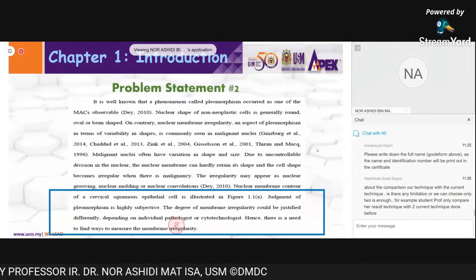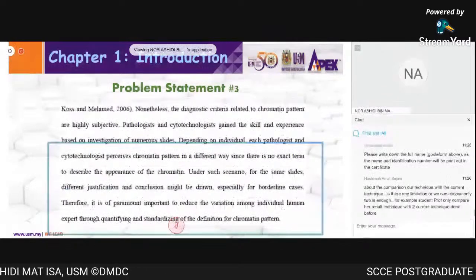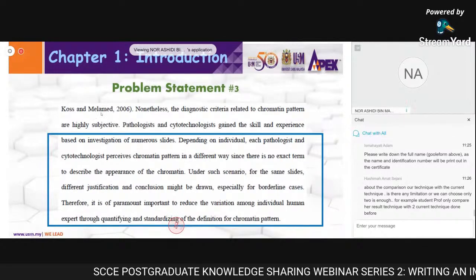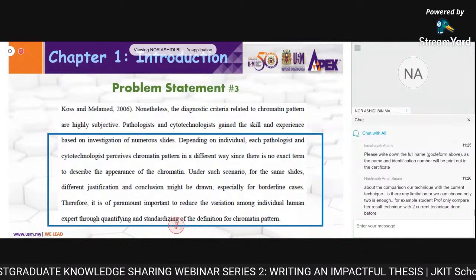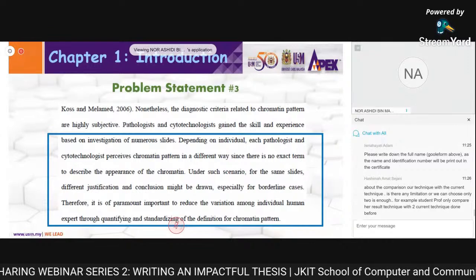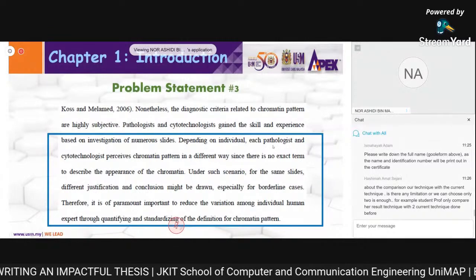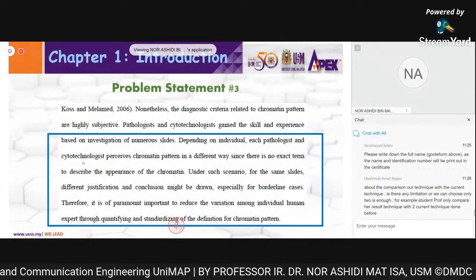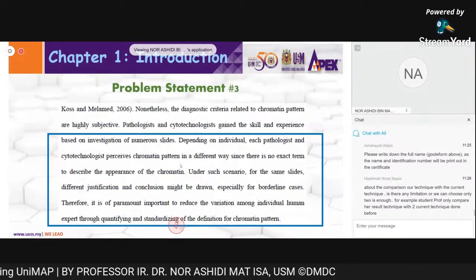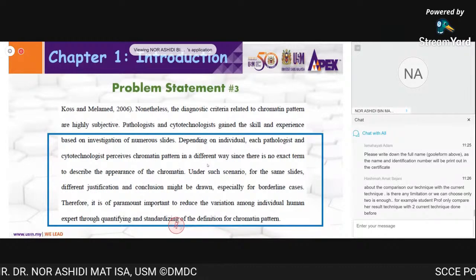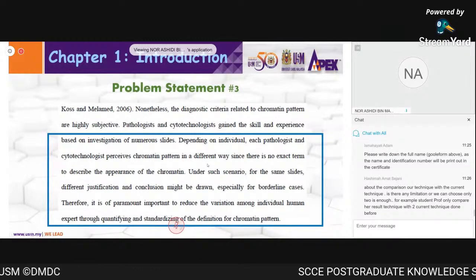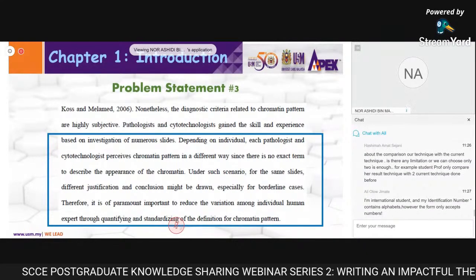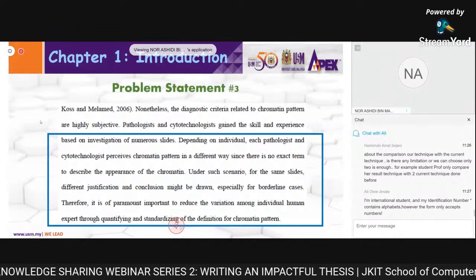Okay, so this is another problem statement, for example. Depending on the individual also, UniMAP has introduced certain techniques, but there is still a problem in the sector technologies in order to have a consensus about how to read the cervical cell images.